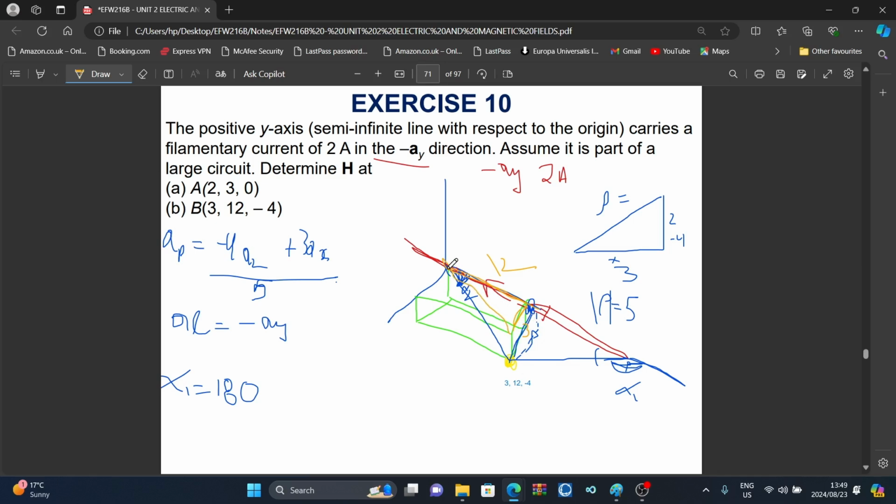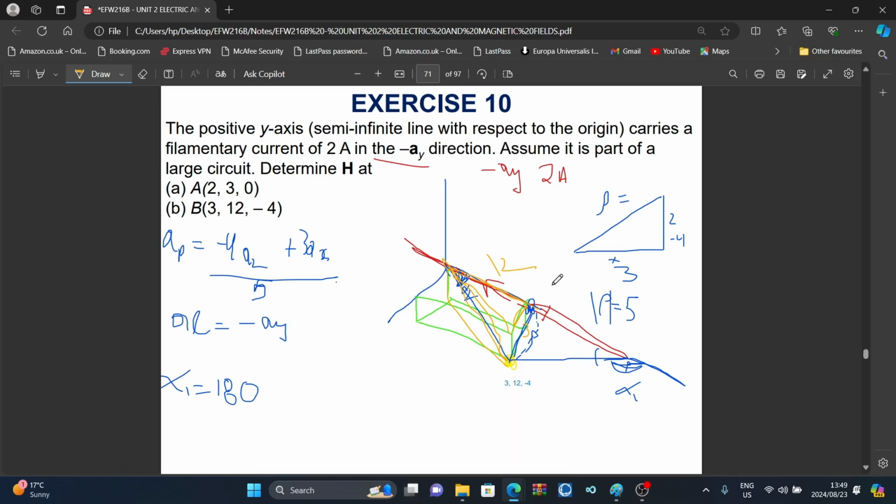So what we can do is find this angle here. We know our length for y is that, so we only need to find the length for this length here. And I believe you can calculate it, it should be 13.